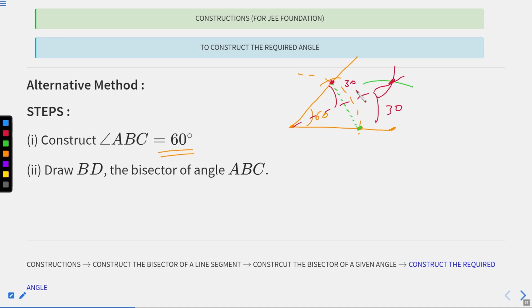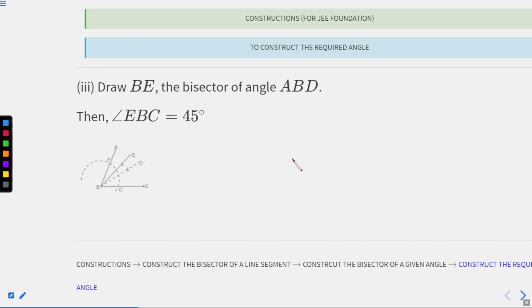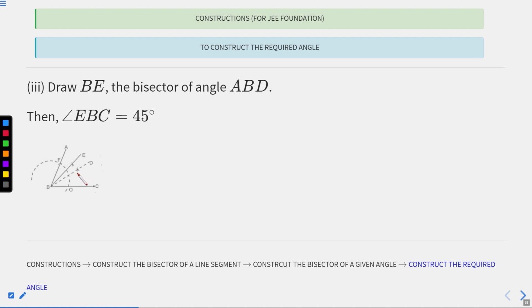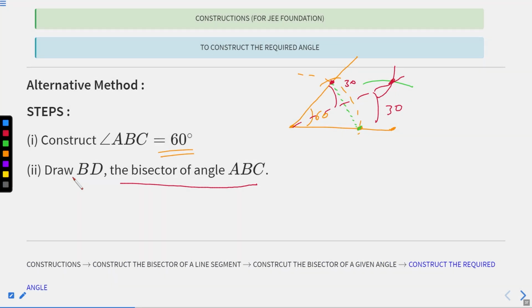Okay, I have recalled for you how to bisect an angle. So in this we will bisect the angle ABC, making the 30 degree and 30 degree angles. So this is 30 degree and this is, sorry, let me see previously.